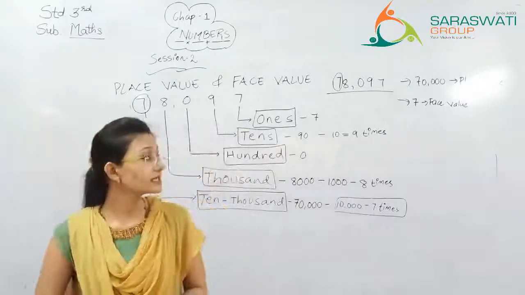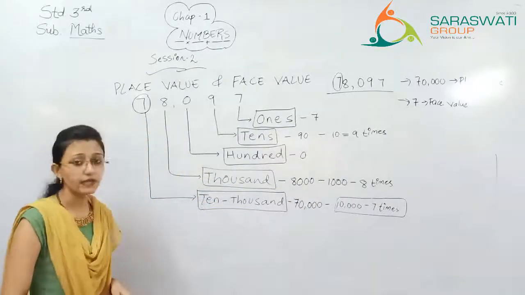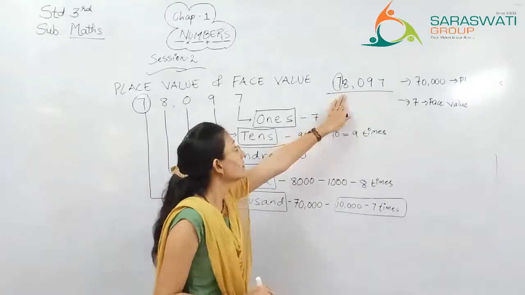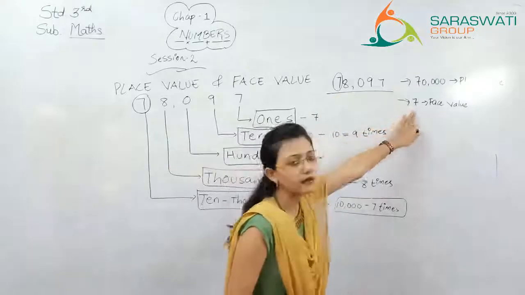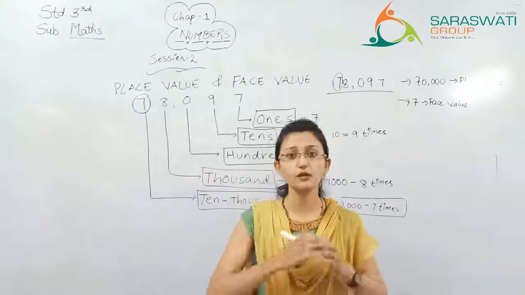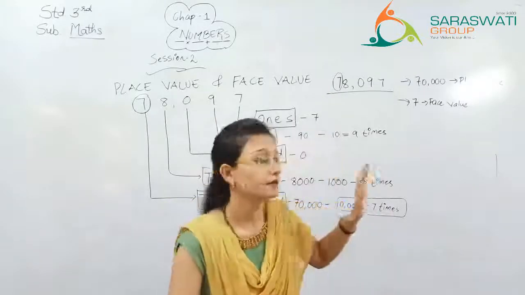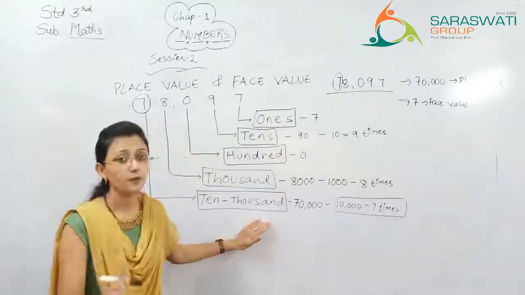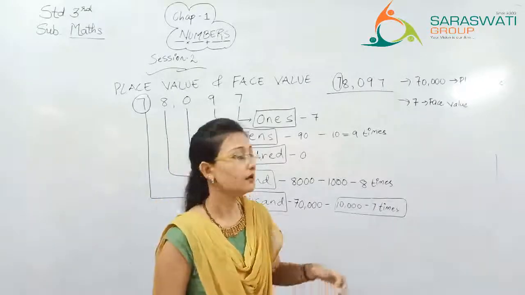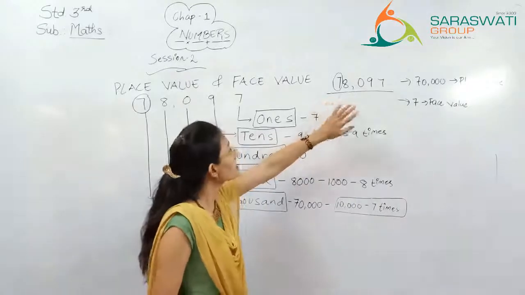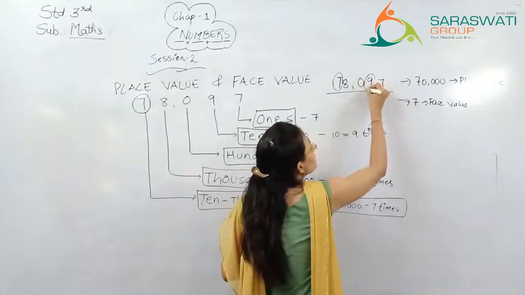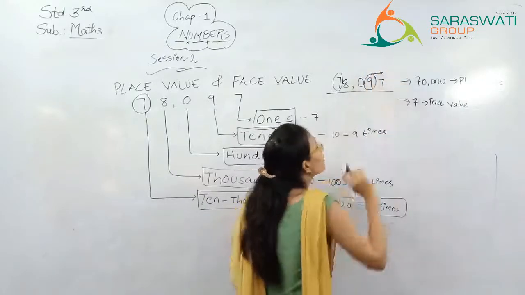And if I ask you the face value of the same number 7, then what will you do? You will write 7 itself. Why? Because the place value represents the place in the table, but the face value is the number itself, like 7. Next I am giving you the example of 9. Write the place value as well as the face value of this number.